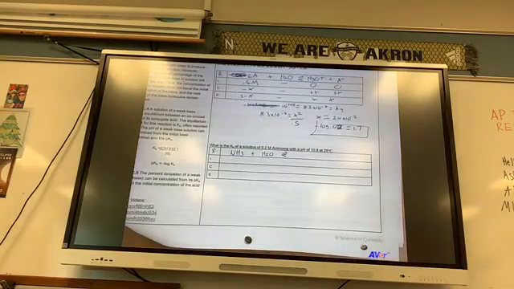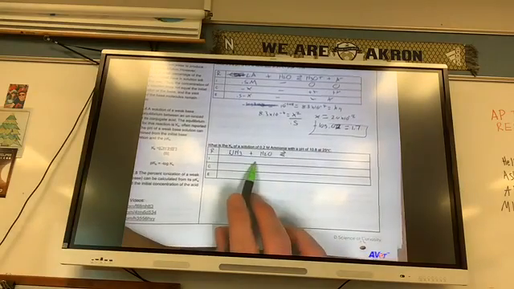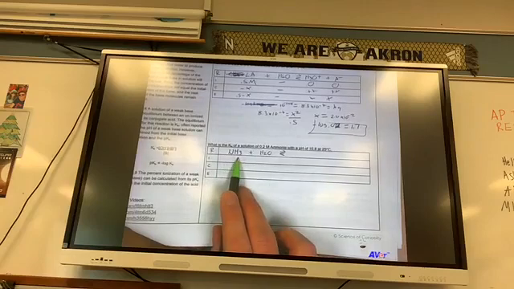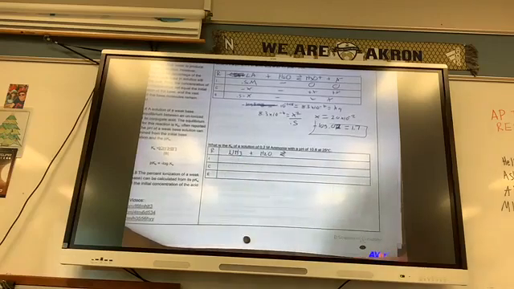It is NH3 plus, right? We're gonna take away one. On this one, okay, what does a base want to do?